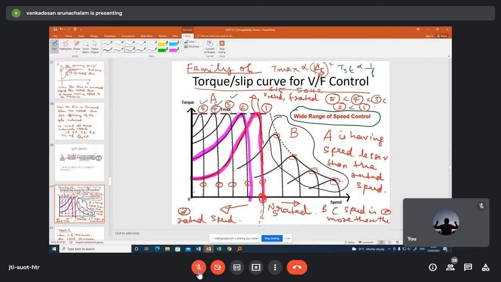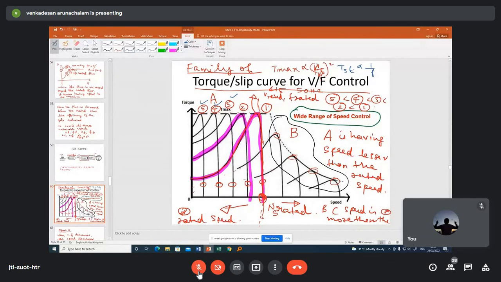Now I am increasing the frequency. When you increase the frequency, voltage cannot be increased more than the rated one because of insulation problems. So it is impossible to maintain the maximum torque constant and also the flux constant.